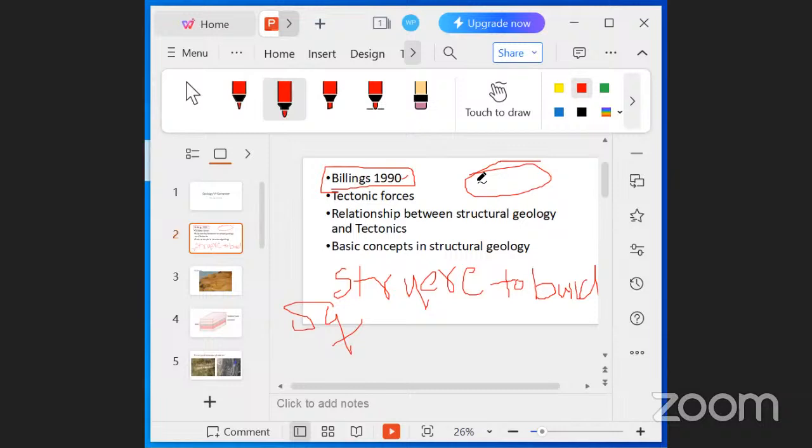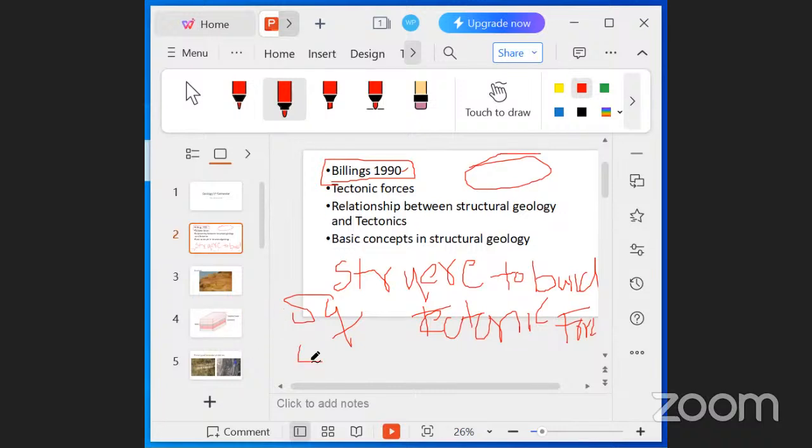The geologic structures result from the deformation caused by tectonic forces present in the earth. That is, they are endogenic.